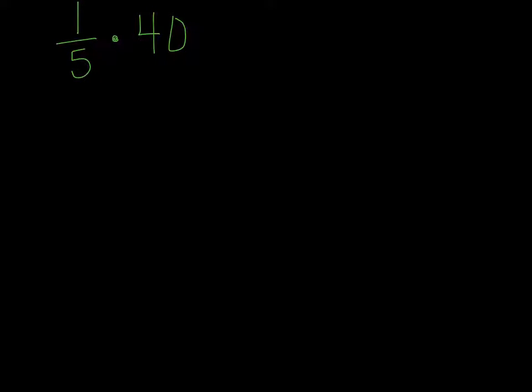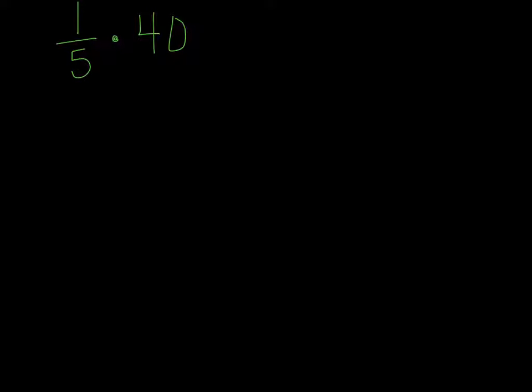Let's take the example of 1/5 times 40. When we look at this problem, we have a unit fraction, 1/5, being multiplied by the whole number, 40. And we know that the answer we will get is definitely going to be greater than a fifth, but it will have to be smaller than 40. And the reason for that is because we're finding part of 40.